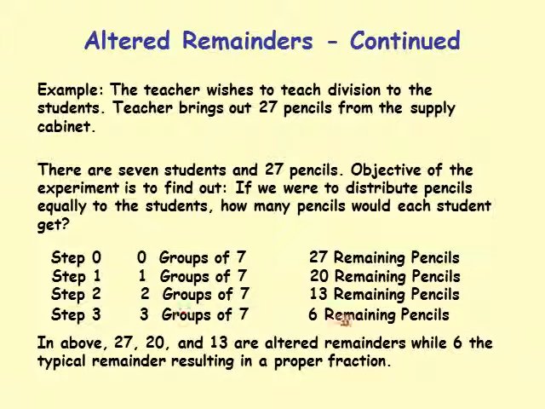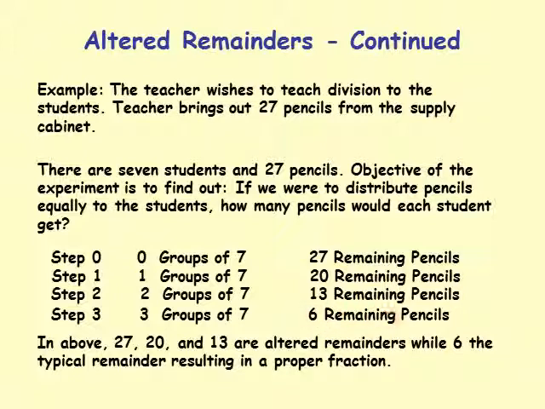So I have 3 groups and the remaining pencils are 6. 6 is less than 7, so I won't be able to take out another group of 7 from here. So we have 3 groups of 7. If we were to distribute 3 pencils to each of the students, then 6 would still be remaining pencils.